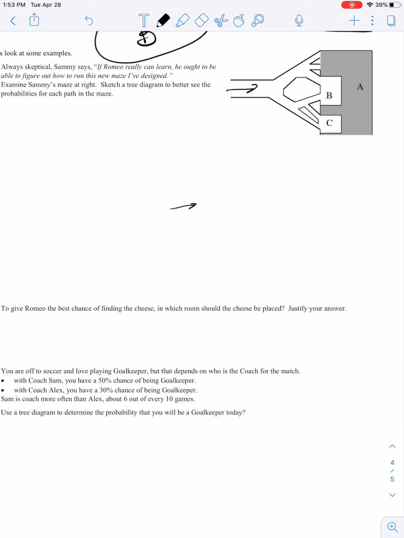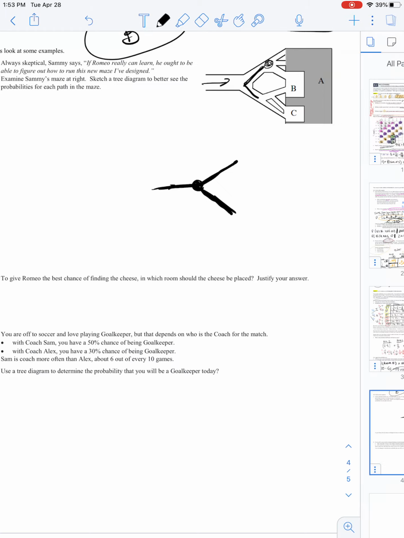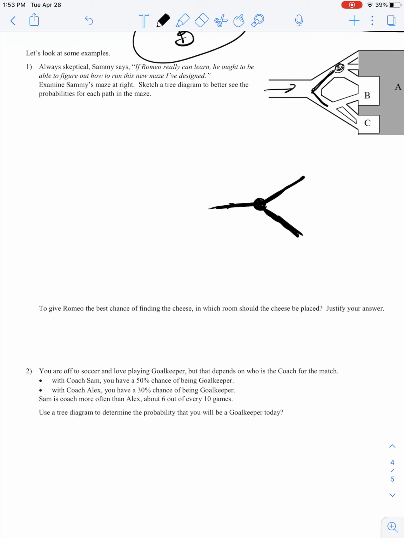So once again, we have the first intersection. There's only two paths to choose from at the first intersection. I'm going to draw 2 branches there. Then let's say he chooses the left side. We come up to this intersection now.